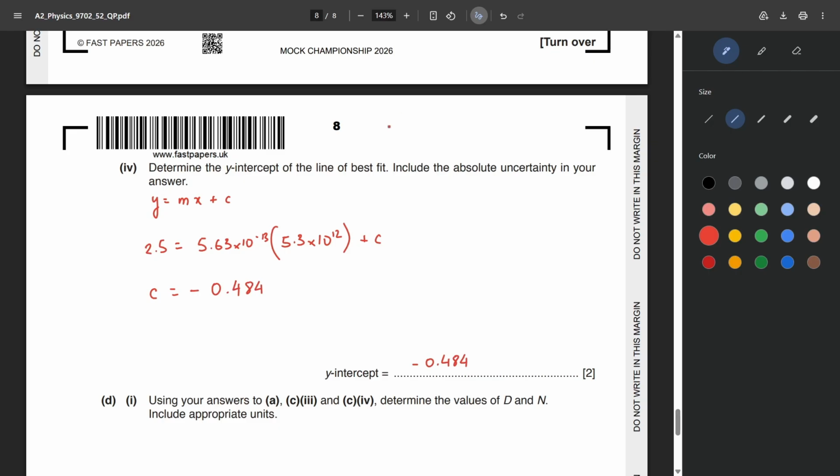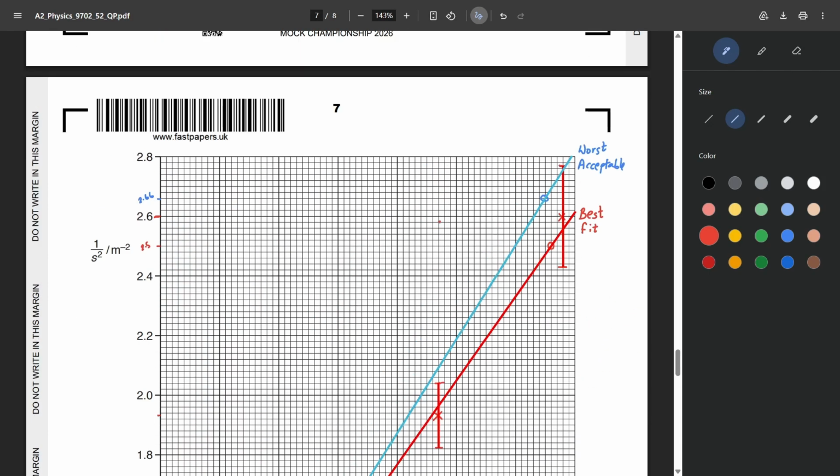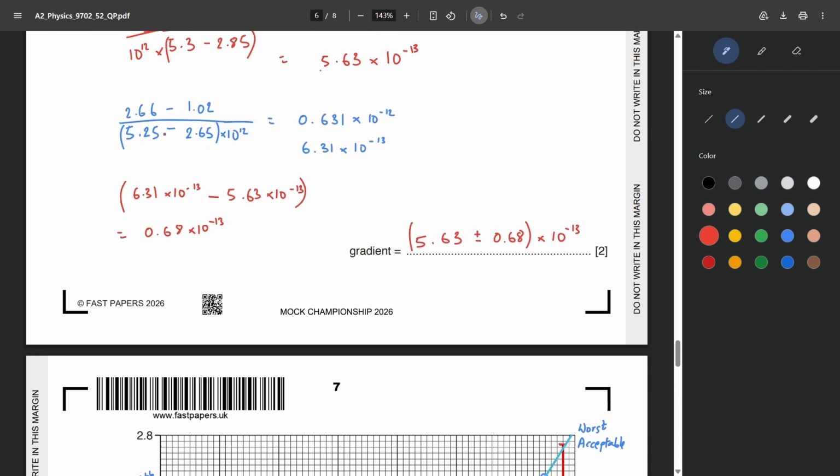Now we also need to find the absolute uncertainty of the y-intercept. To do that, we need to find the y-intercept of the worst acceptable line. So let's make use of one of these coordinates we already found, 5.25 and 2.66.